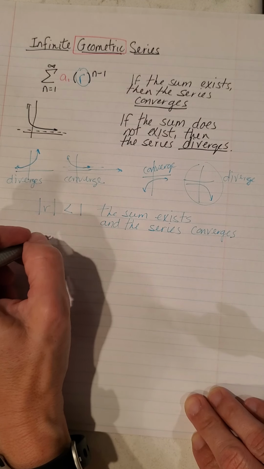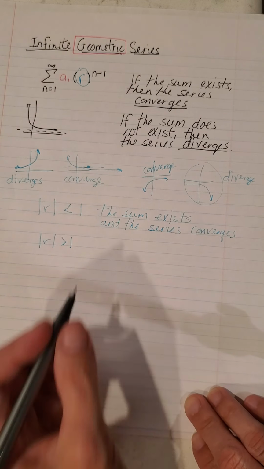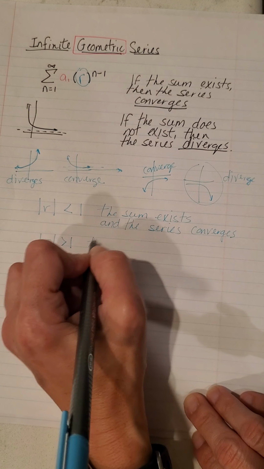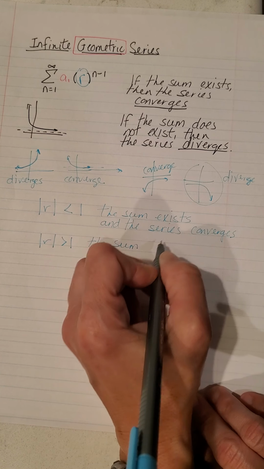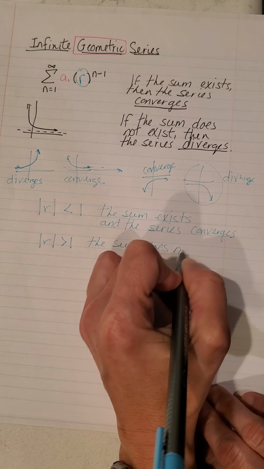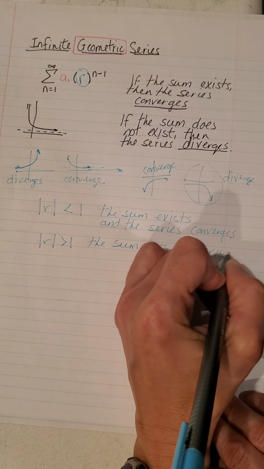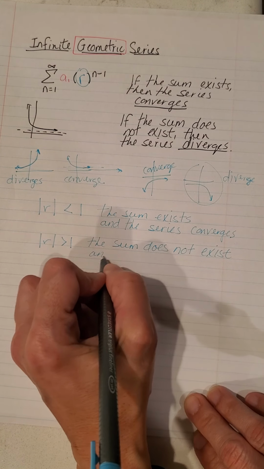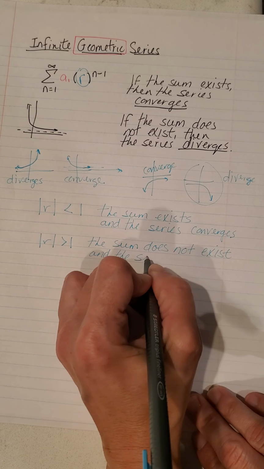If the absolute value of the ratio is greater than 1, then the sum does not exist. It DNEs and the series diverges.